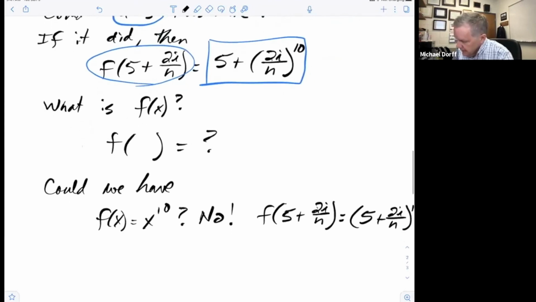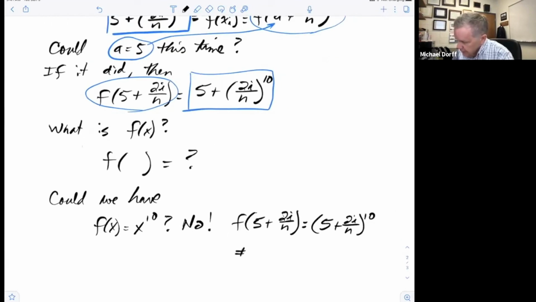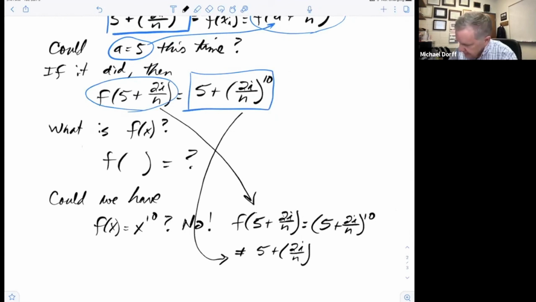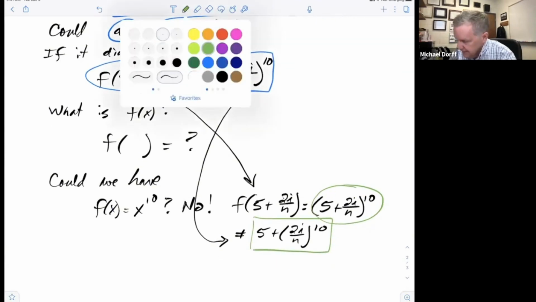But that's not what we have, right? That doesn't equal this part here, because that's supposed to be 5 plus 2i over n to the 10th. All right, so what I have here in green doesn't equal that. Those aren't equal to each other.